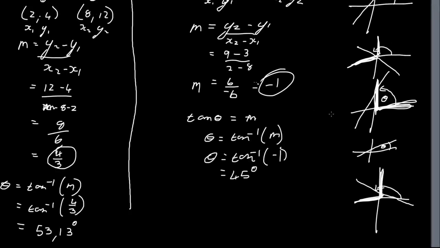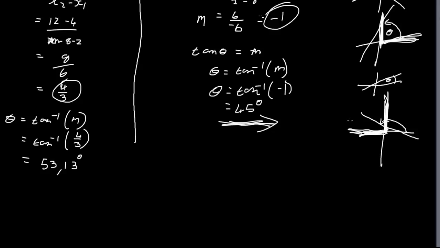We said that for a negative line, the angle of inclination always lies between 90 degrees and 180 degrees. So this is the answer that pops out of your calculator, but actually the answer your calculator is giving you is this angle here.